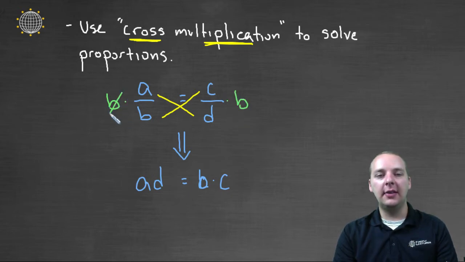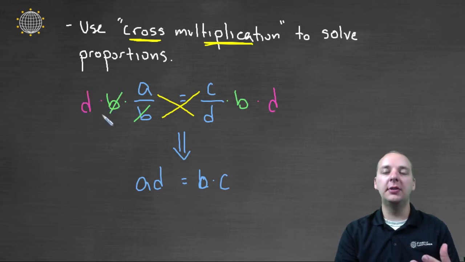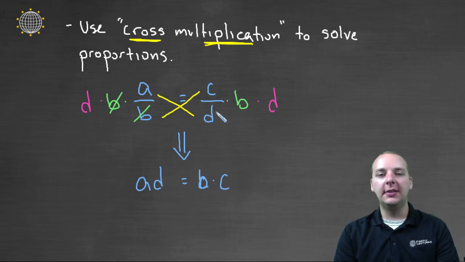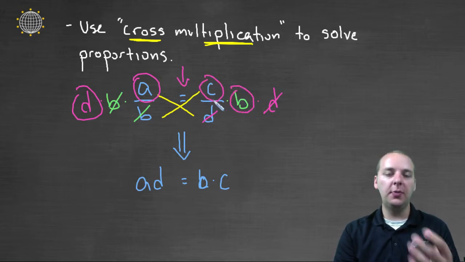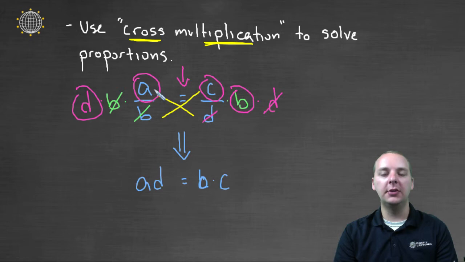On the left hand side, the b's would cancel, and we could also multiply both sides by d, because as long as we do it to both sides of the equation, that's legal algebra. And notice the d's would cancel on the right hand side but not the left hand side. And so what's remaining at the end of the day is A times D equals B times C. So there's good fundamental reasons why cross multiplication works.